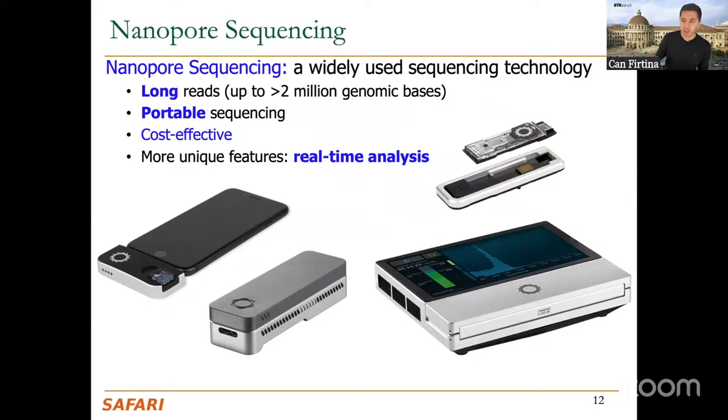And nanopore sequencing is a widely used sequencing technology because of its advantages. For example, we can sequence long reads up to 2 million bases. The only limitation for us not to sequence even longer reads is essentially the tangling issue that the DNA poses to itself.